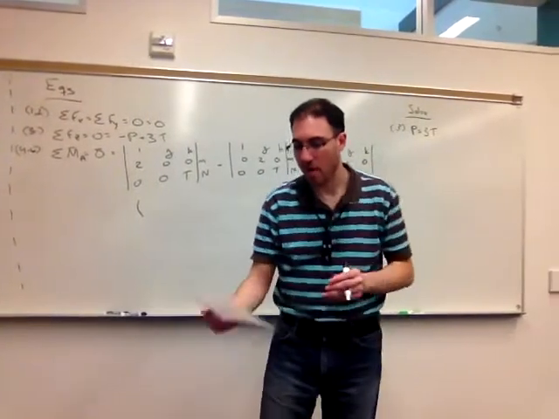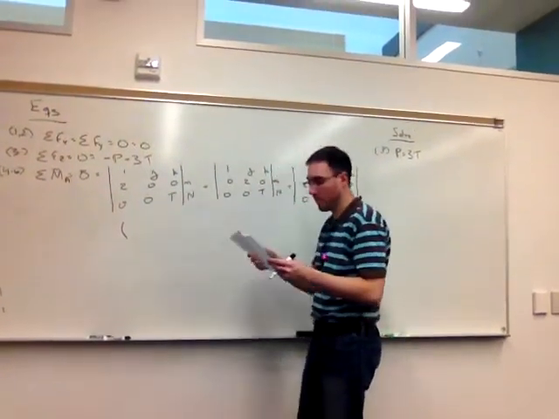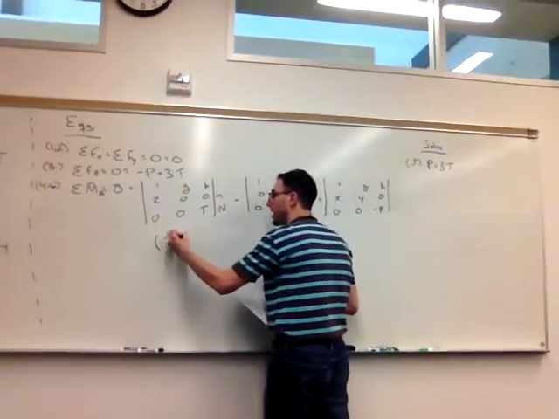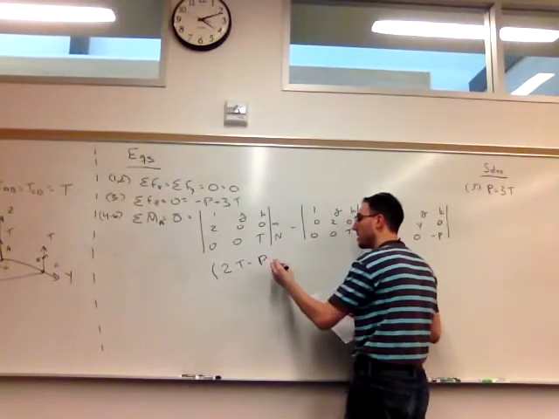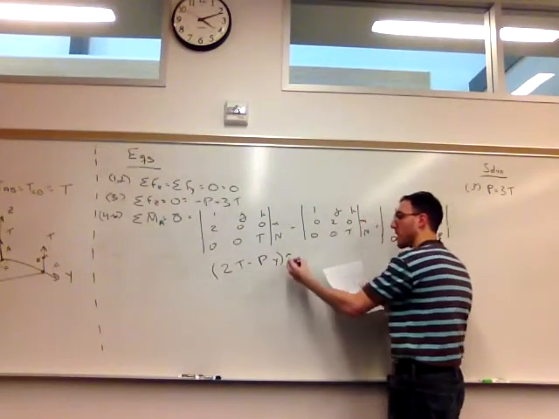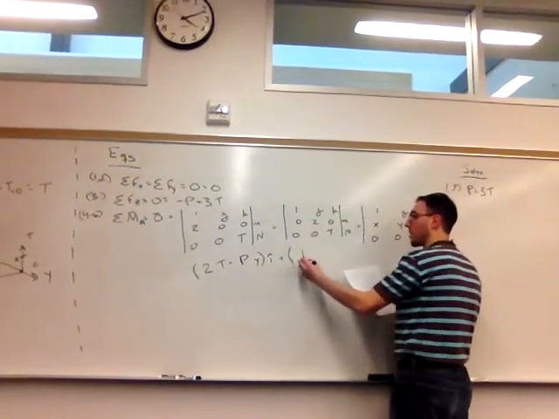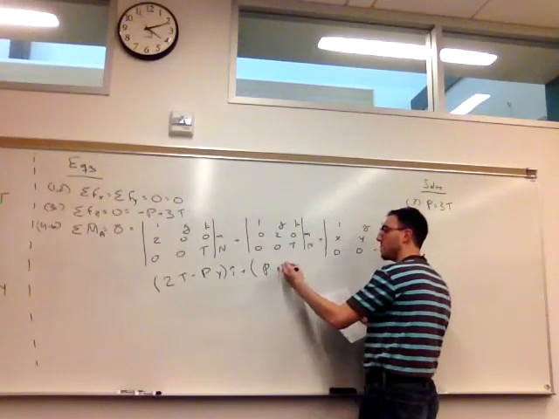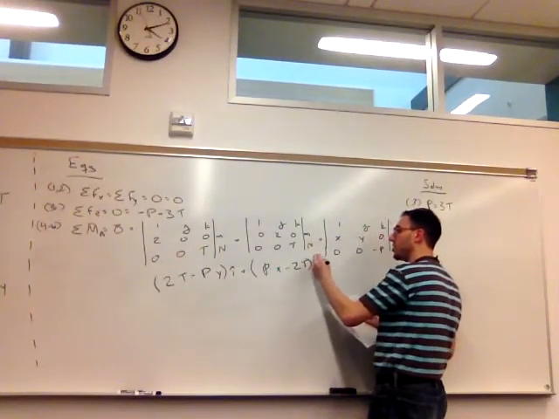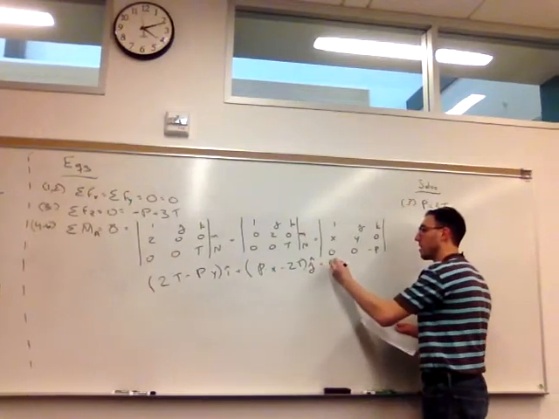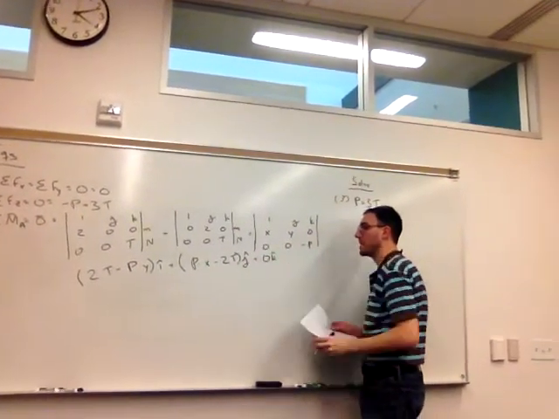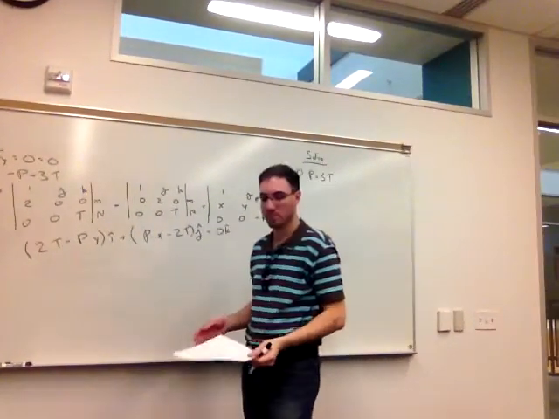If we carry out these cross products, we get 2T minus P times Y in the i hat direction, and then P times X minus 2T in the j hat direction, and then 0 in the k direction.